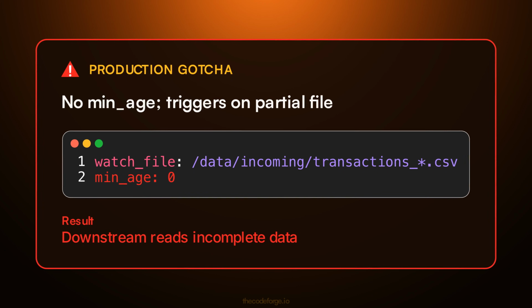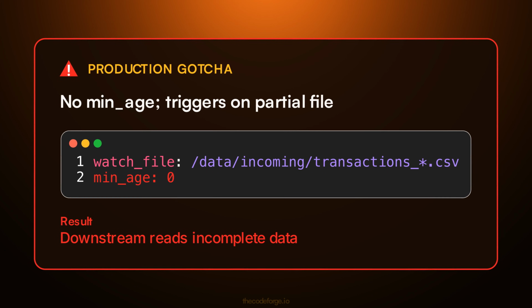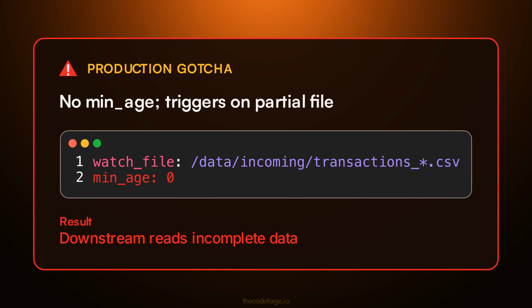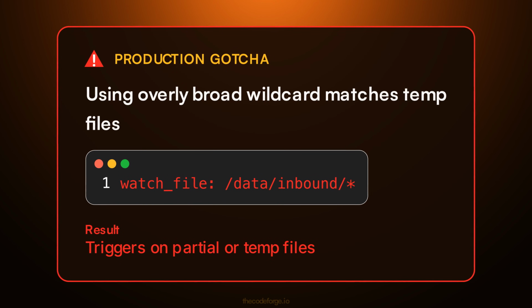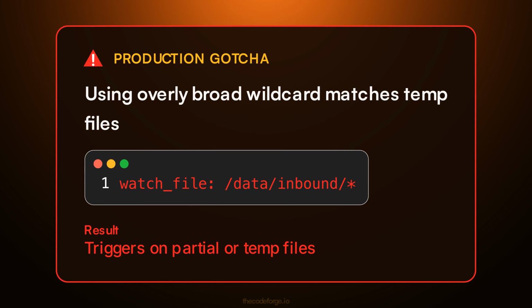Without minage, the watcher triggers the moment the file appears. If the upstream process is still writing, downstream jobs read a partial file. Always set minage to at least 10 seconds. A wildcard that matches everything will trigger on lock files, temp files, or any other file in the directory. Always narrow your pattern to match only the final, ready files.